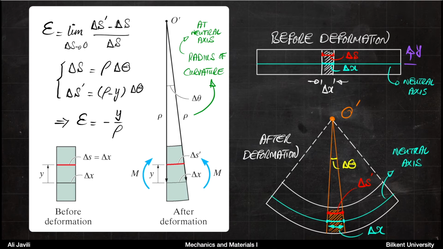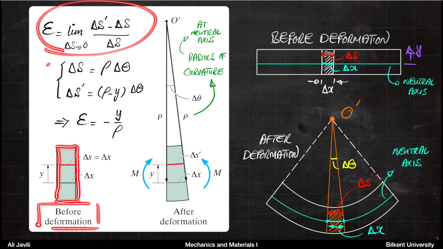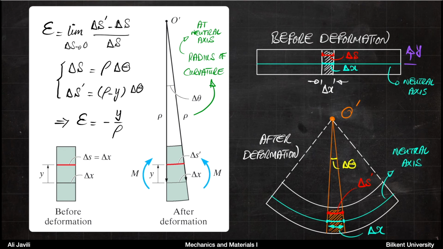So for the little increments here before deformation, if you want to define a strain, it would be the change of length divided by the original length, and then you take the limit of that when the original length goes to 0. And then again, the piece that we talked about here is exactly what you see here at the bottom, and the one here is exactly what you see here.